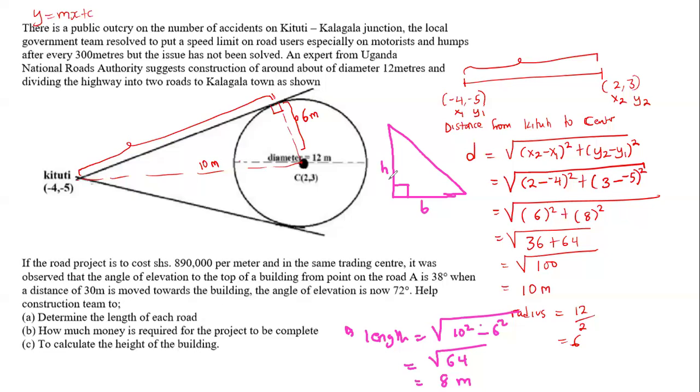Have you picked? Yes, Pauline, now it is clear. Is that fine, Pauline? Yes, teacher. So where your 90 is formed, that's what forms your base and your height. Then this other side that remains is always your hypotenuse.